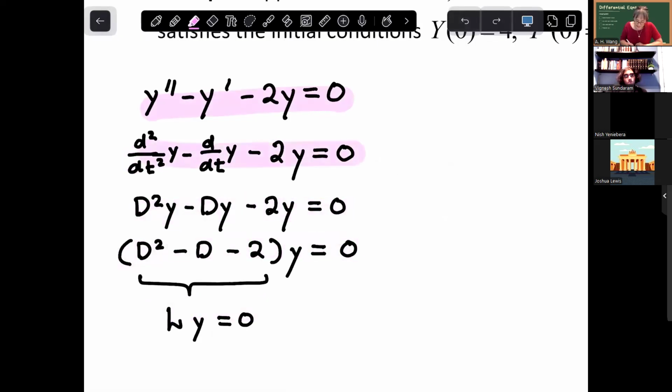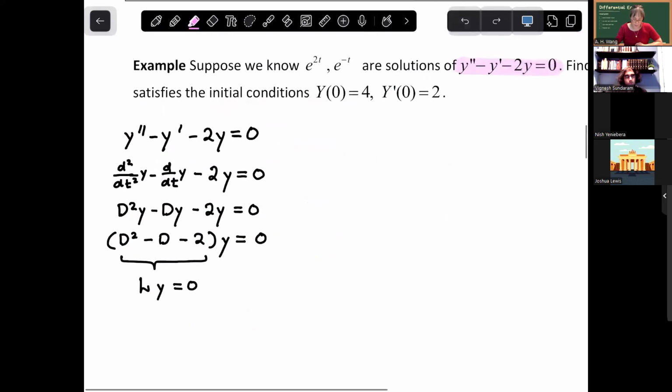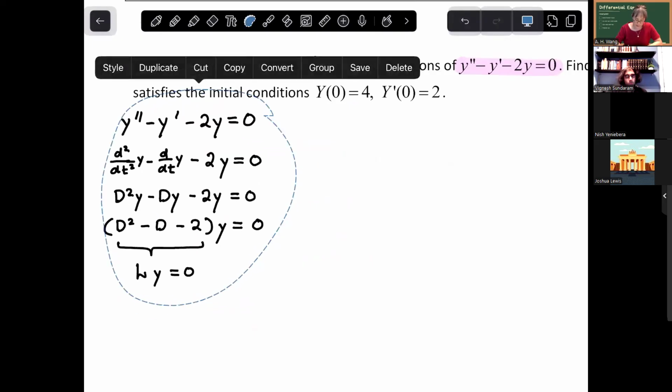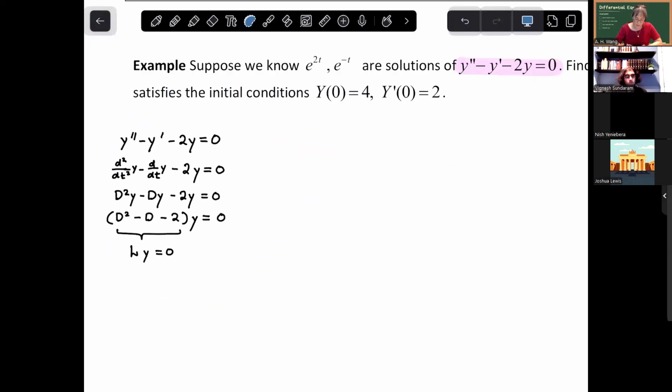But you can see that the emphasis now is L transforms the y into the 0 function. I wanted to go over this so that you understood that. We need to practice that because the differential equation can be given to you in many different ways.